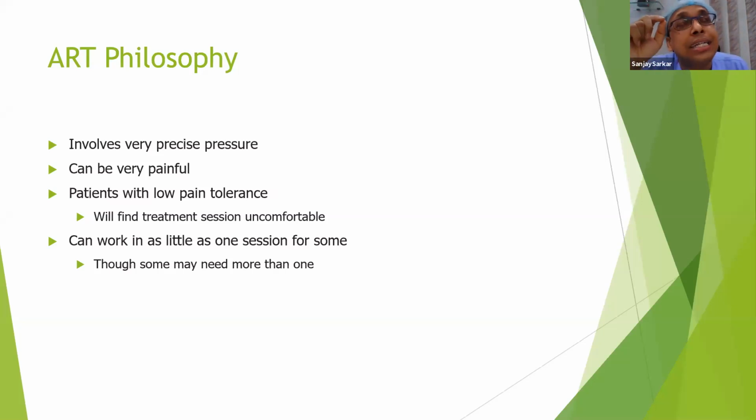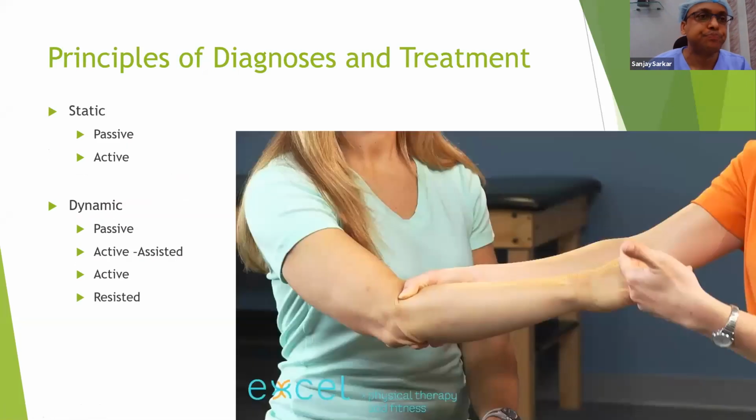So the disadvantage of ART is you may not be able to use it on individuals who have low pain threshold or tolerance. That's the third bullet point, because the treatment or the diagnostic session could be uncomfortable. But if you are able to work it, you can actually break the scar tissue and adhesions in as little as one session, though obviously some may need more, 2, 3, 4. Whoever needs more can have more.